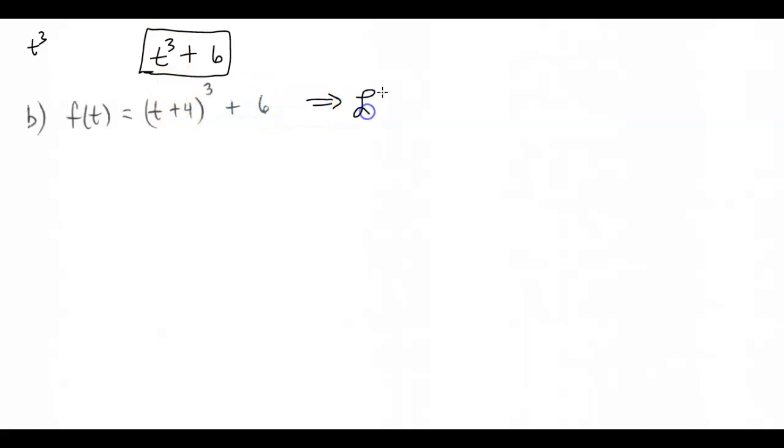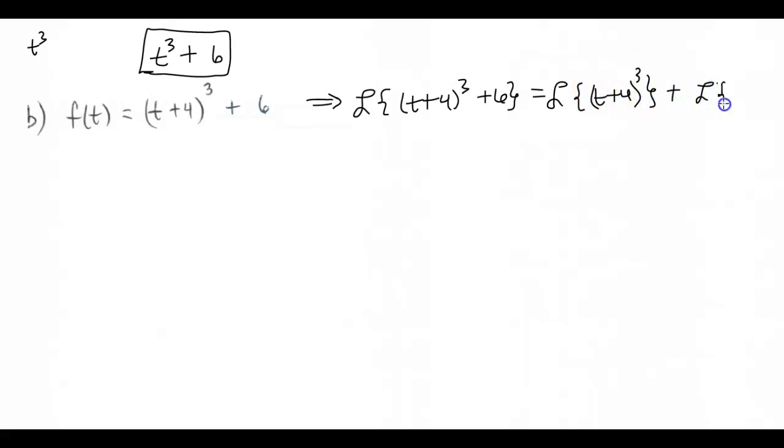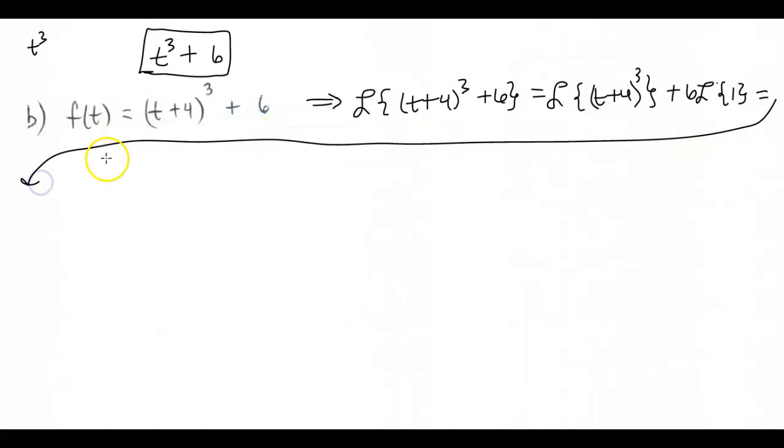So if we wanted to do the Laplace transform of this particular function, then what we would do is just split it up into 2 separate Laplace transforms. So we'll have this plus 6 times the Laplace transform of 1. Now, for the Laplace transform of (t plus 4) cubed, that's going to be a horizontal shift in the t or time domain.